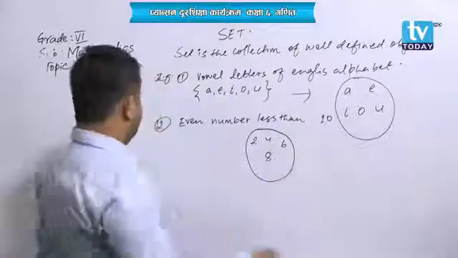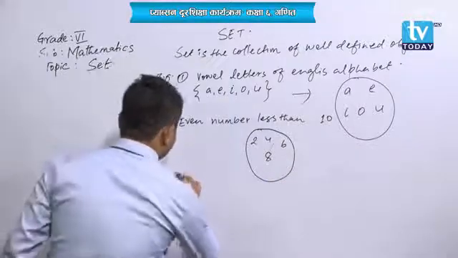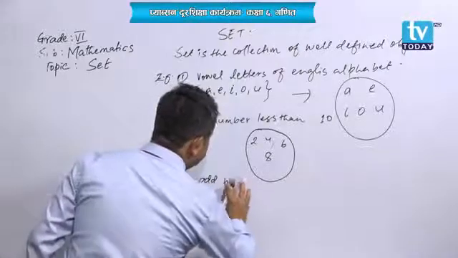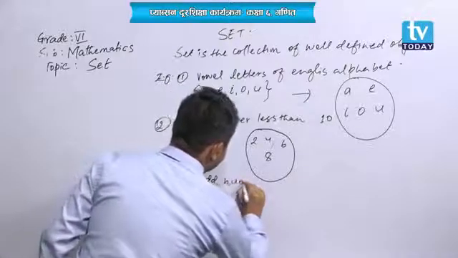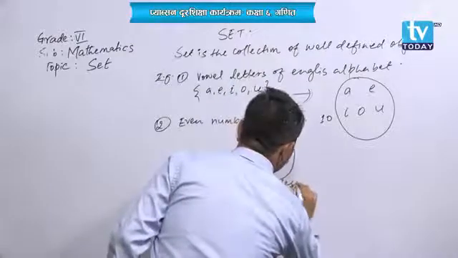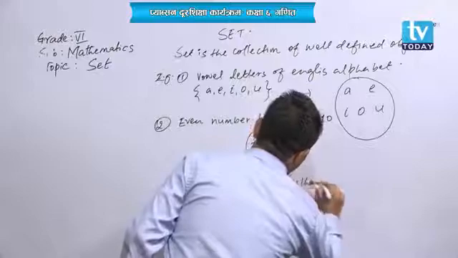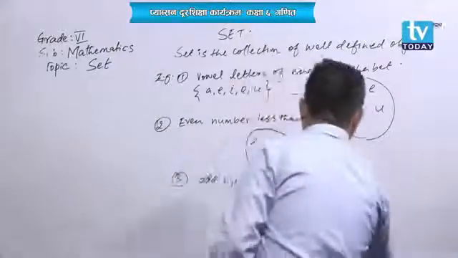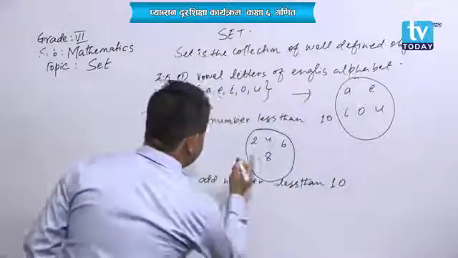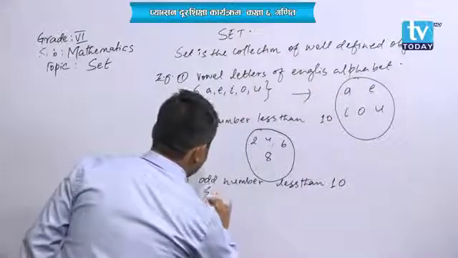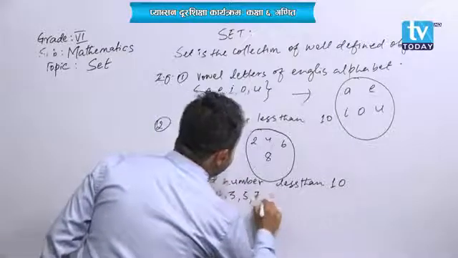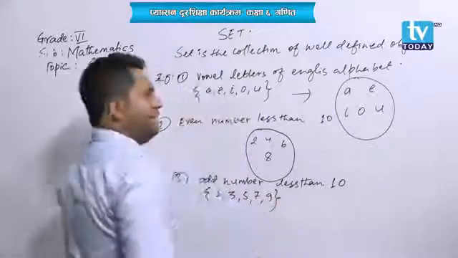And like, odd numbers less than 10. Odd number means 1, 3, 5, 7, 9.